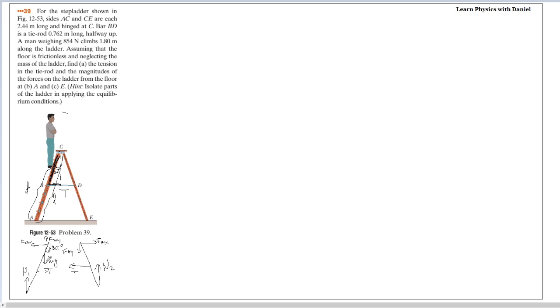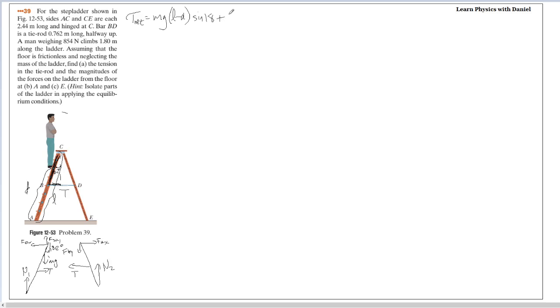So we can see that the torque from mg will be, if we write torque net, mg times the distance away from the rotating point, which is L minus d, times the sine of the angle, which will here be sine 18. Similarly, the tension also exerts a torque in the same direction.